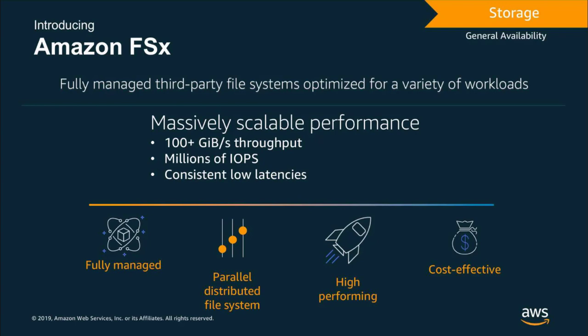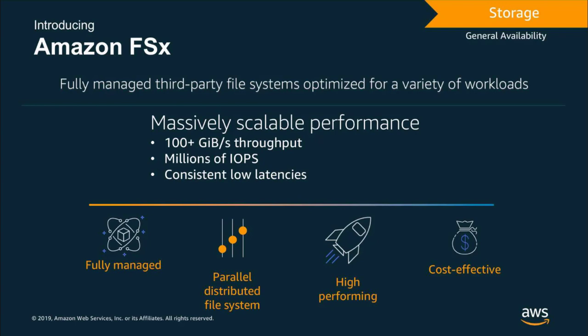It protects your data with daily automatic backups. It is fully managed, so the administrative overhead of setting it up, patching it, and provisioning file servers is eliminated. It allows for applications to access hundreds of gigabits of data per second, millions of IOPS, and sub-millisecond latencies.